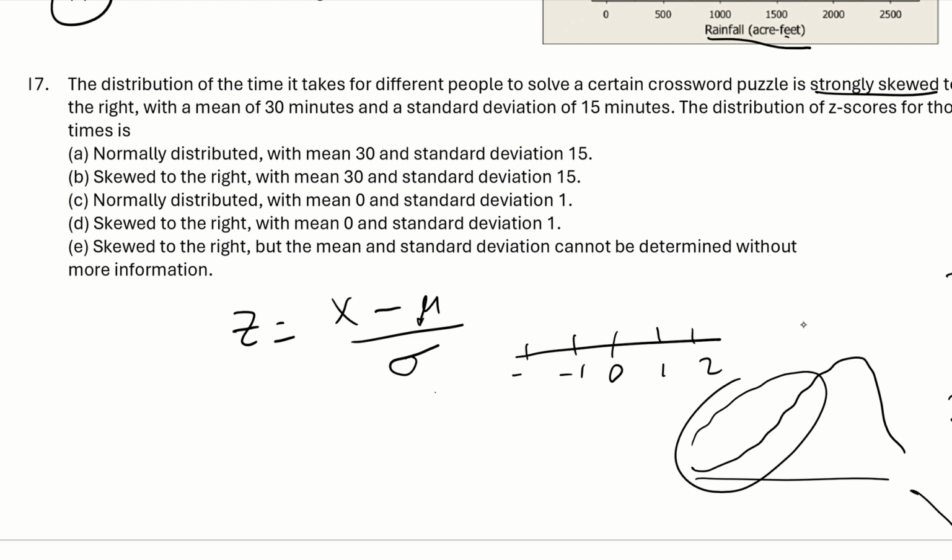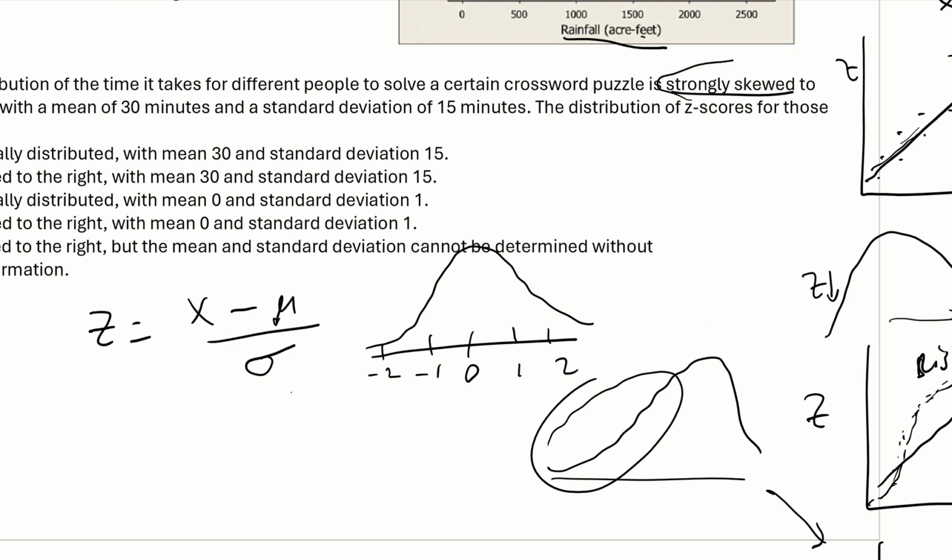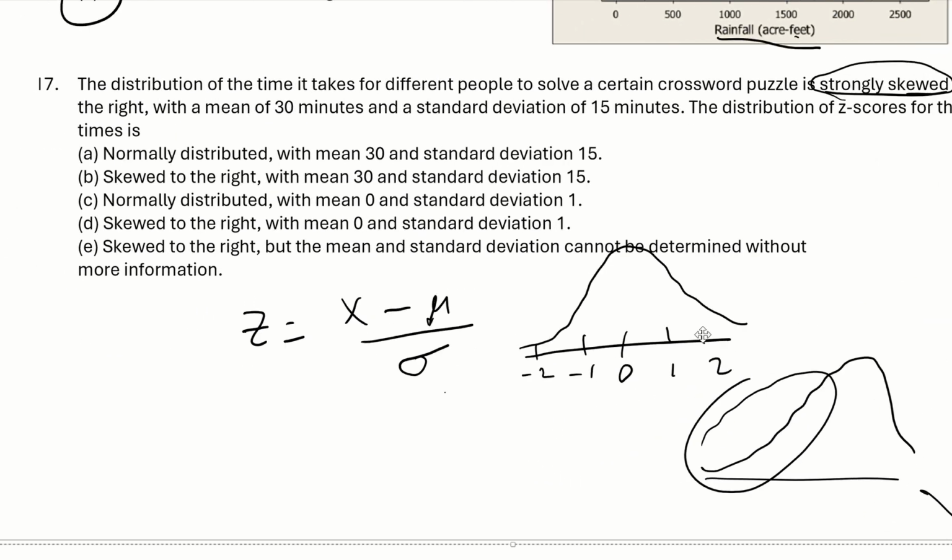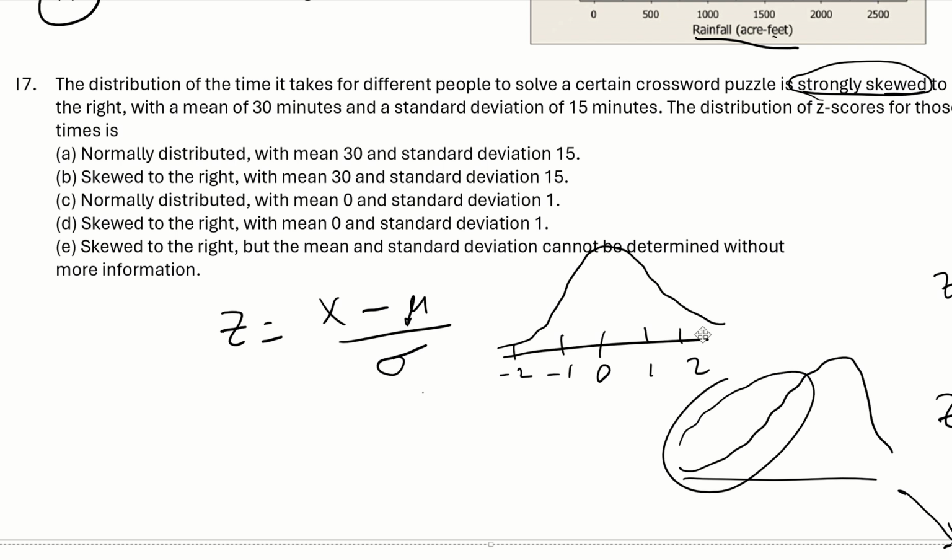Anytime we convert to a z-score, whether it's normal or not, the mean is 0 and it goes by 1s. However, if the original is skewed to the right or to the left, then that shape is going to be maintained. That shape will not change, okay?